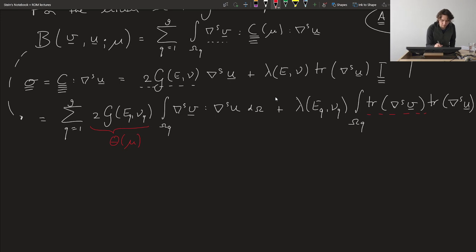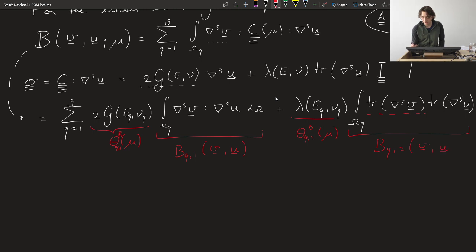So I would almost call this theta q1, and this would be theta q2, also depending on the parameter point in our parameter domain. And this would then be a bilinear form, q, let's call it 1, of v and u. And this is also a bilinear form, q2, of v and u.